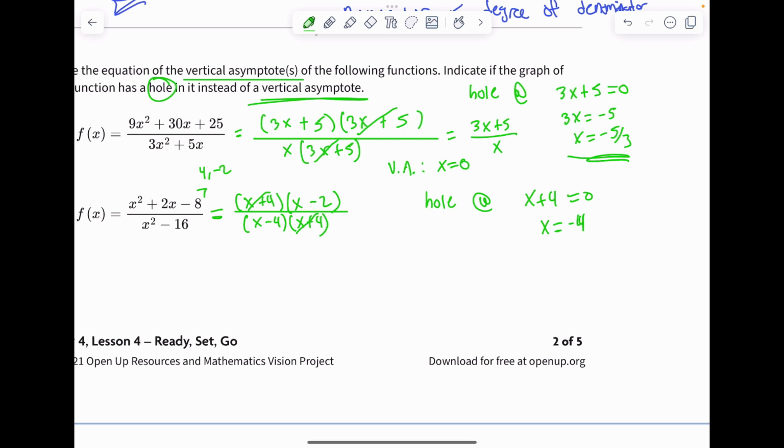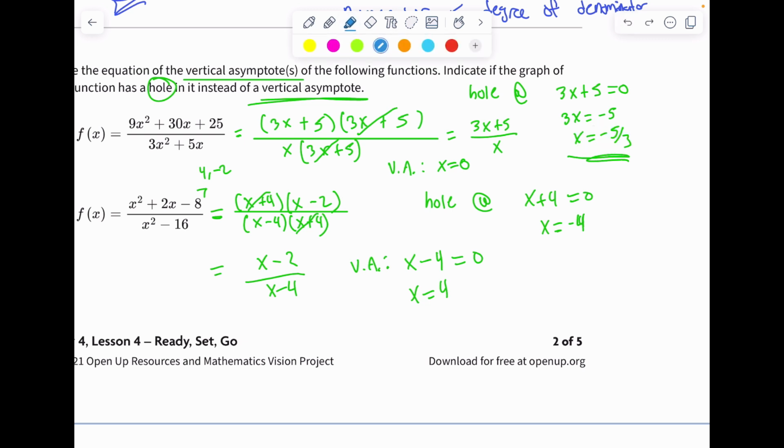And then my vertical asymptote, this is equal to x minus 2 over x minus 4. The vertical asymptote happens when x minus 4 is equal to 0, so x is equal to 4. Okay, so this is a hole. Let's use a different highlighter. This here, vertical asymptote, hole here, and vertical asymptote there.